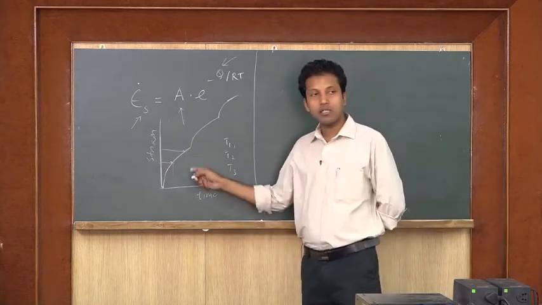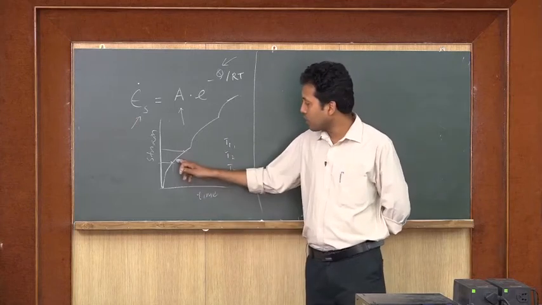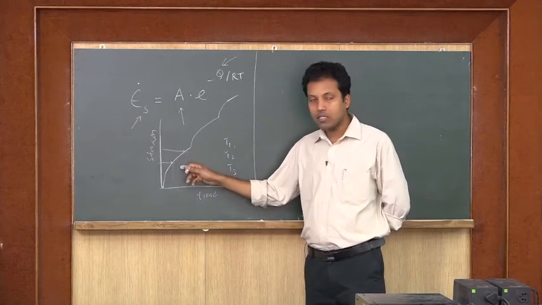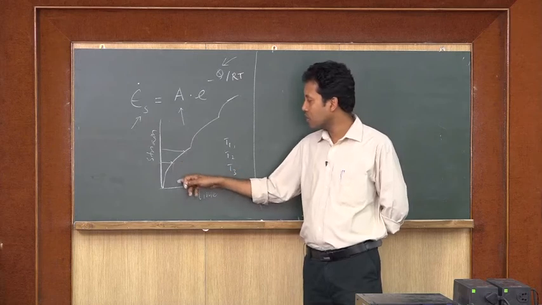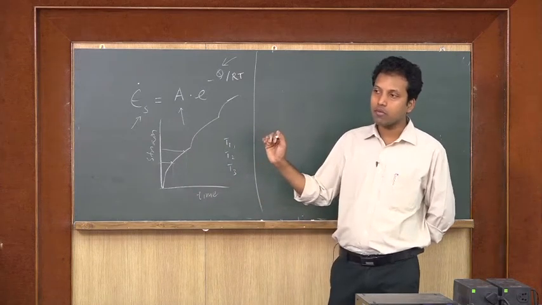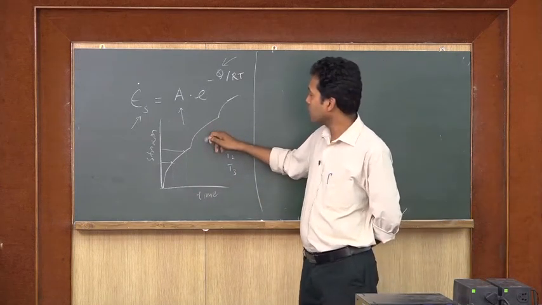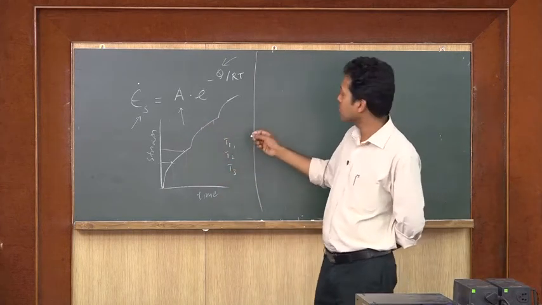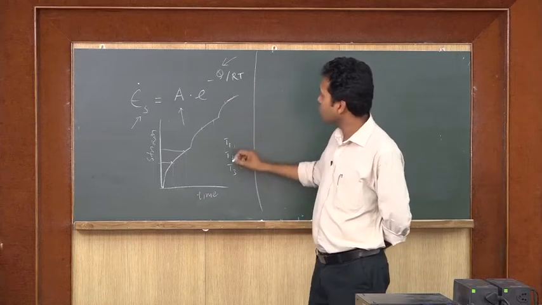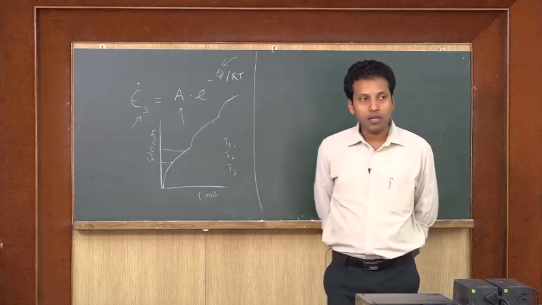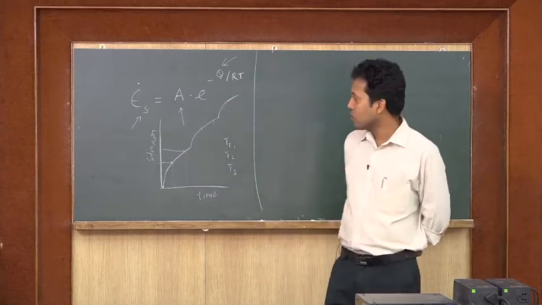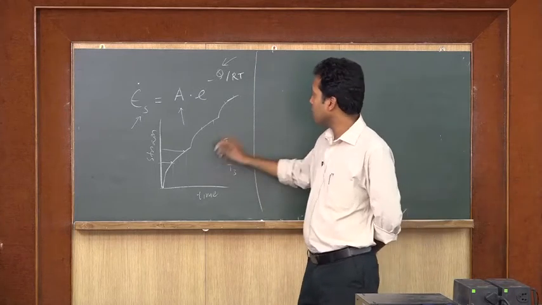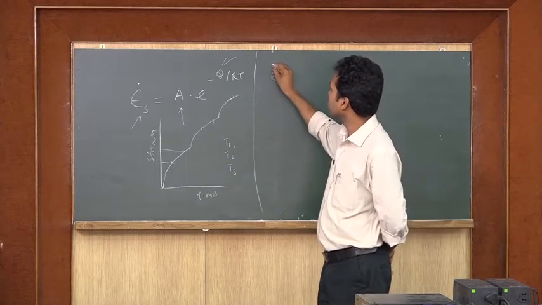So, I can find out from here to here in the steady state what the creep rate is, that means the slope of this curve we have to take. Similarly, here we can take the slope between any 2 points in the steady state part of the curve. So, I can find out epsilon dot from any curve.